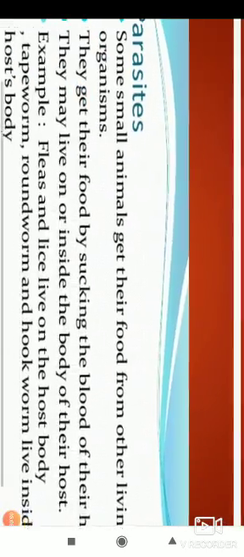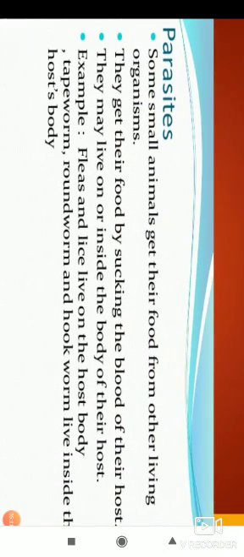The next one is about parasites, children. If you check with your mom, they may show you lice. Many of us nowadays do not have them in our head, but in English it is lice. Lice are a type of parasite living inside our head hair.